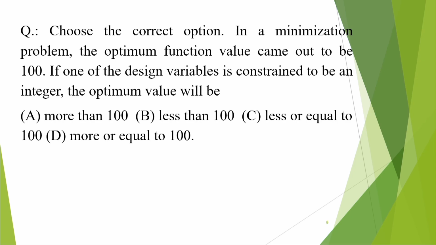It is based on a very basic principle: if you put a constraint, then the optimum value will not improve. It can only deteriorate. What do we mean by deterioration here? It is a minimization problem, so if it deteriorates, that means it will be more than 100.